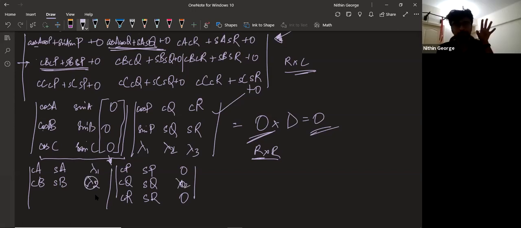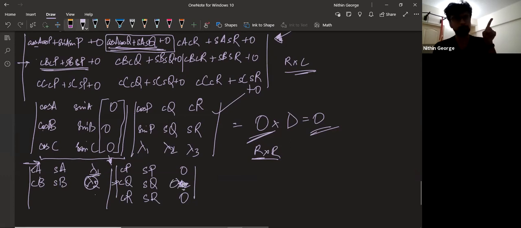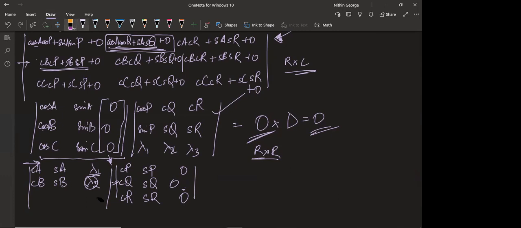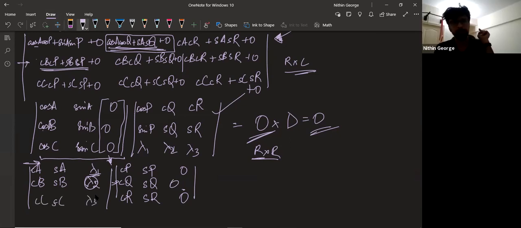But then the problem here is if I take the first row and multiply it with the second row, which will be this term here, I will get a constant term lambda 1 into lambda 2. That is why I'm keeping all zeros on one side and all the lambdas on the other side. If that was the doubt also you had. Okay, sir. Got it, sir. Okay. Cos C, sin C, and lambda 3. This comes out to 0.